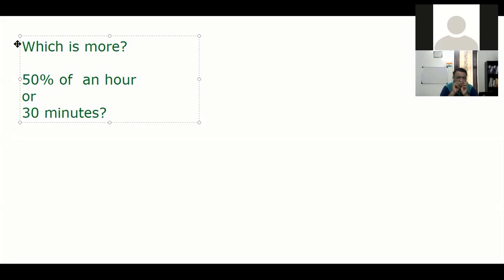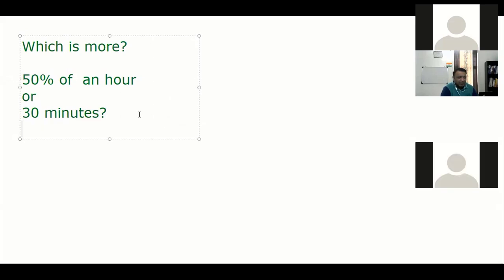Tanishka says equal. Saksham says 50% is bigger. Asta says equal. Saksham, explain. When we say 50% of an hour, 1 hour is equal to 60 minutes. 50% means half, 50 by 100 into 60 minutes, half of 60, 30 minutes. So both are equal.